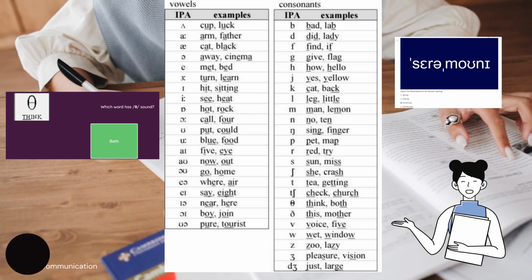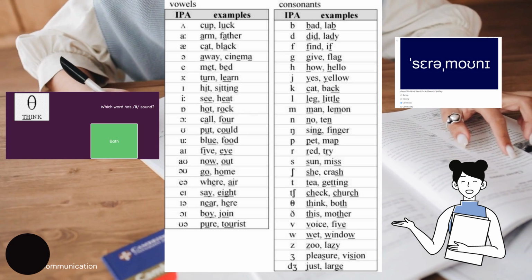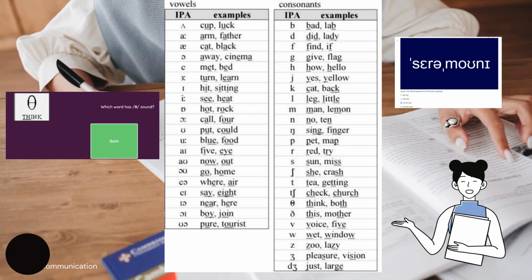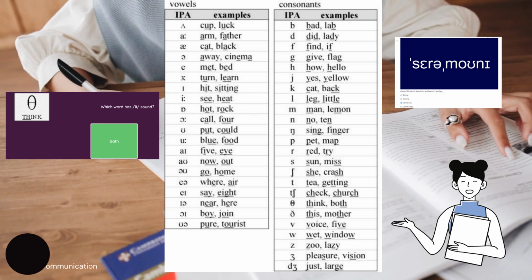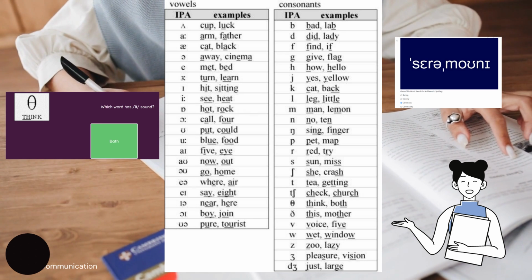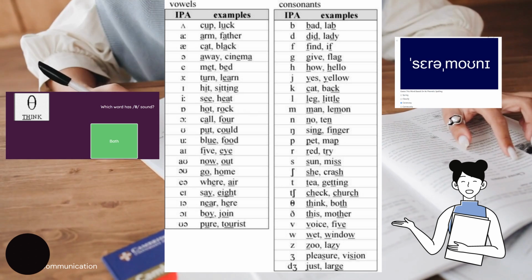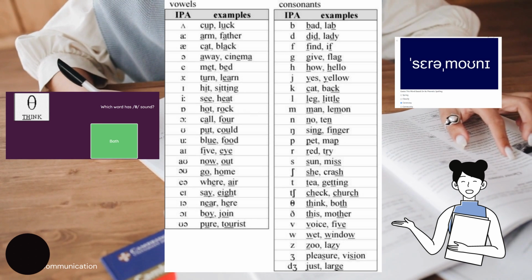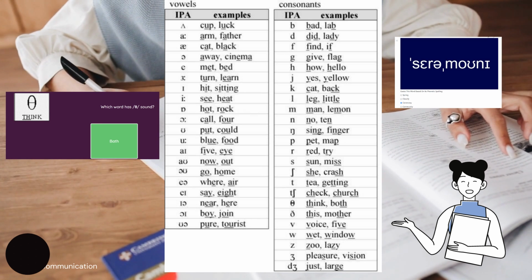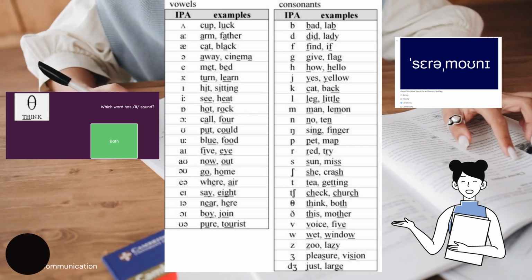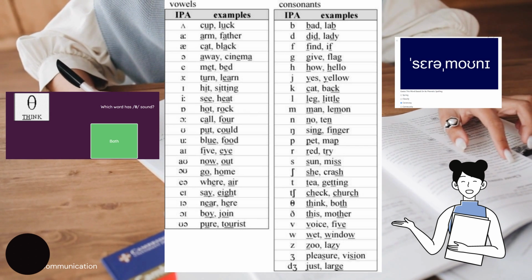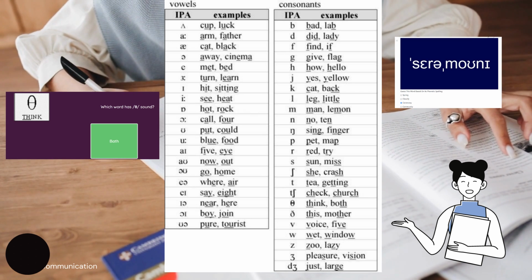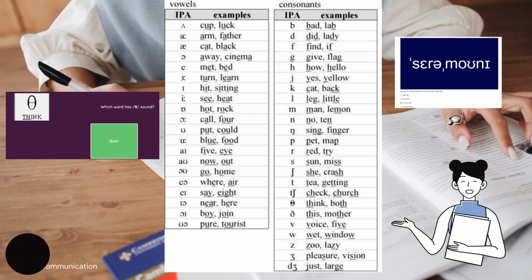So I will be providing this chart for you to memorize if you can, or get yourself familiar with, because I'll be including this in your midterm exam. I'll be asking you to transcribe the IPA symbols and find the word that represents it, or I will also ask you to identify the number of syllables that make up the word given.